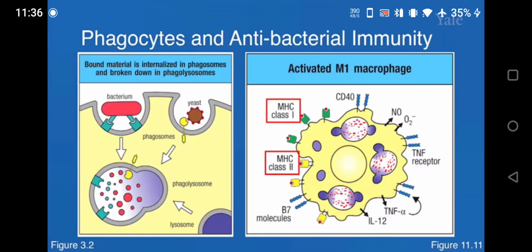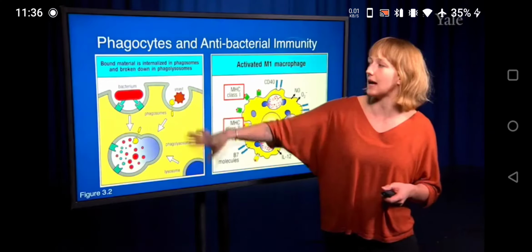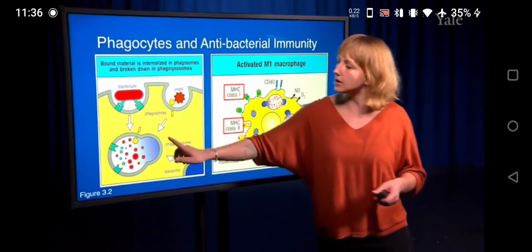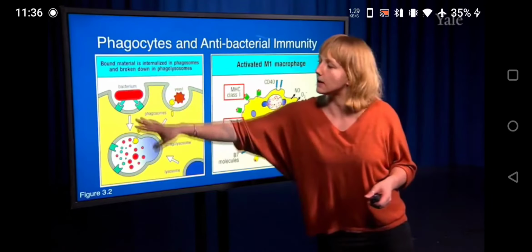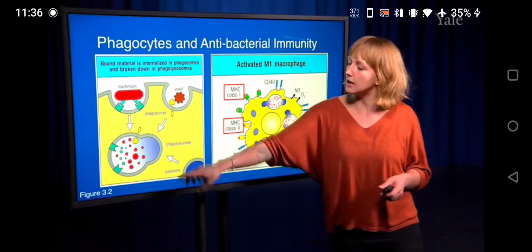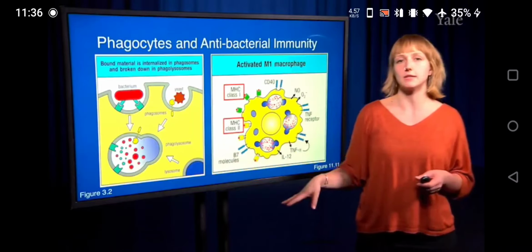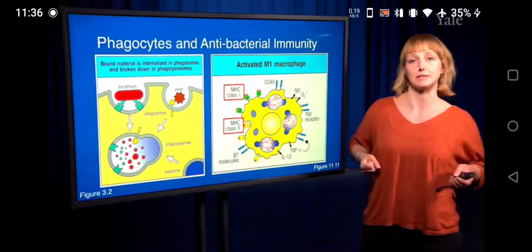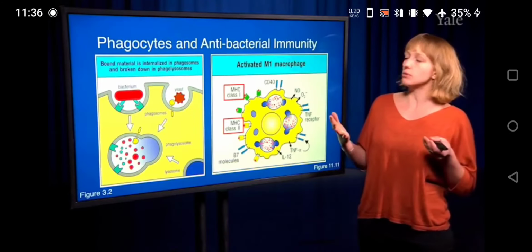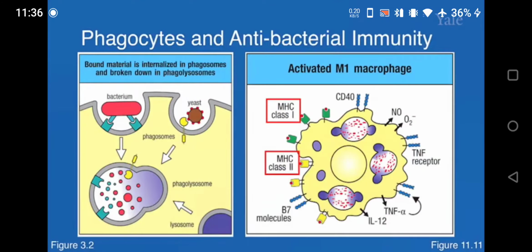Phagocytes are very critical in two major aspects, and that is in phagocytosing and breaking down bacteria, seen here. So these phagocytes are phagocytosing bacteria and breaking them down in their phagolysosomes. So they're basically eating up as many bacterial pathogens as possible. And they're also really critical in acting as antigen-presenting cells, or APCs.